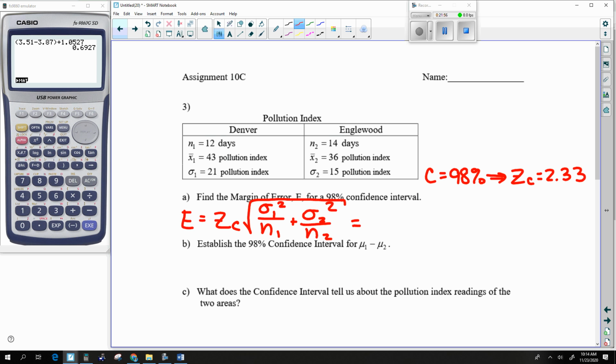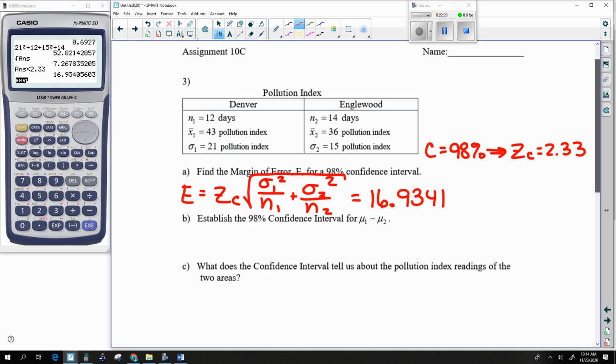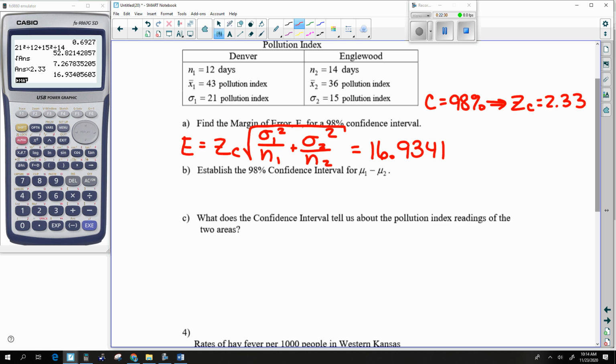Okay, so we can go ahead and pretty much do this. So sigma 1 squared divided by N1 plus sigma 2 squared divided by N2, square rooted times ZC. We go to our confidence interval.